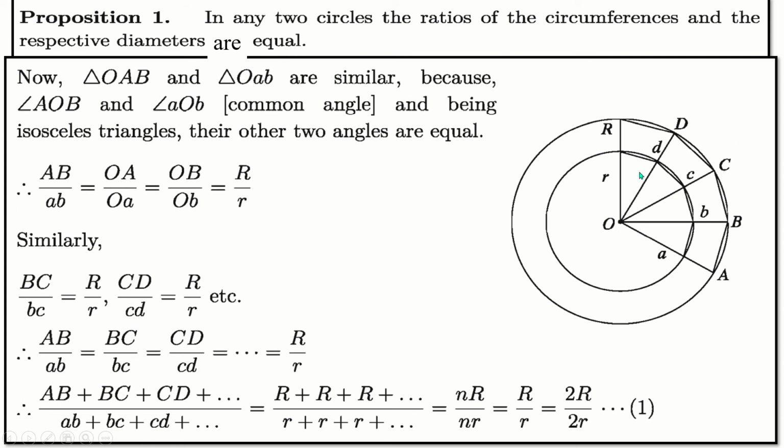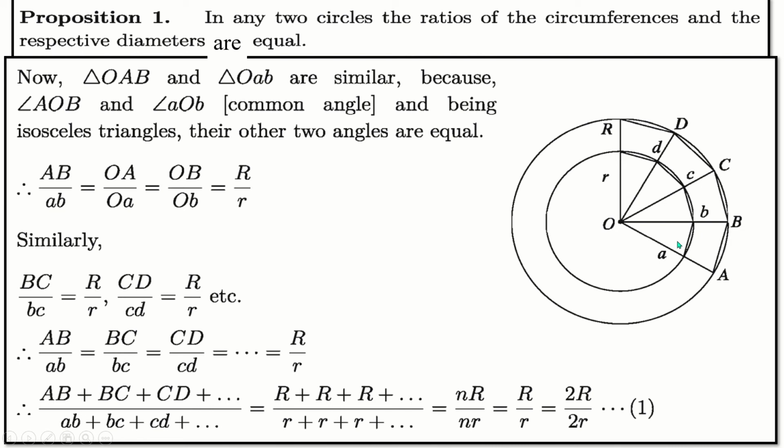Here are two triangles: ODC and O small d small c, and also OCB and O small c small b, and OBA and O small b small a.